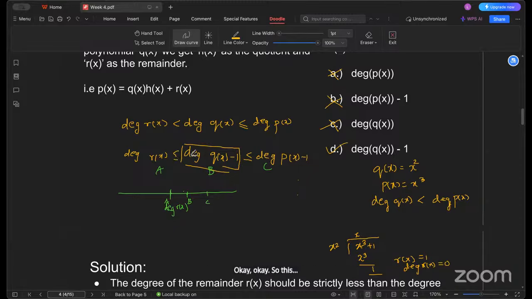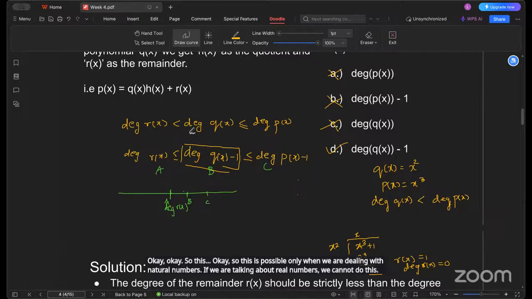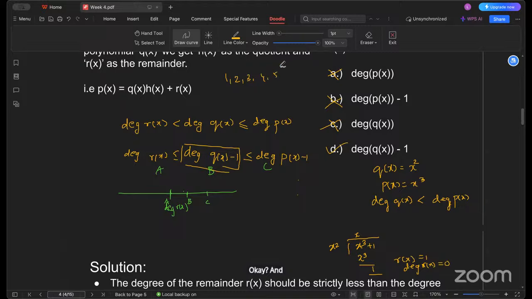So this is possible only when we are dealing with natural numbers. If we are talking about real numbers, we cannot do this. Let us say, for example, you have numbers 1, 2, 3, 4, 5, and your degree of q of x is 5. Now I am saying that degree of r of x is strictly less than 5.